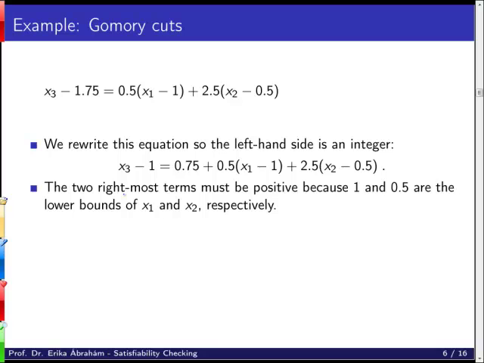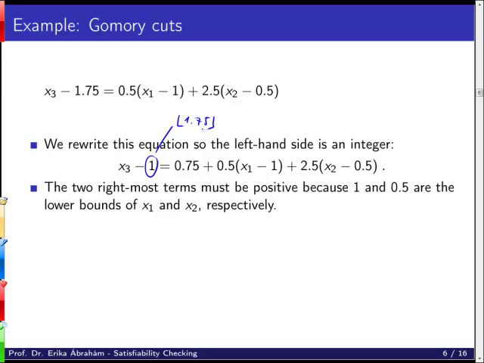So again, here at the rightmost terms, they must be positive because I took here this one. This is the integer part of the value of x3. So x3 minus the integer part of its value will be positive.